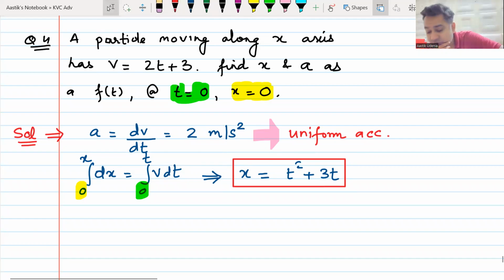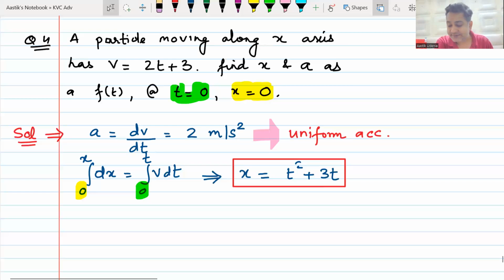This case we are going to deal in detail. We have dealt with non-uniform acceleration. We will do one or two more problems of non-uniform acceleration after we are done with this. Right now we will concentrate on motion with uniform acceleration.